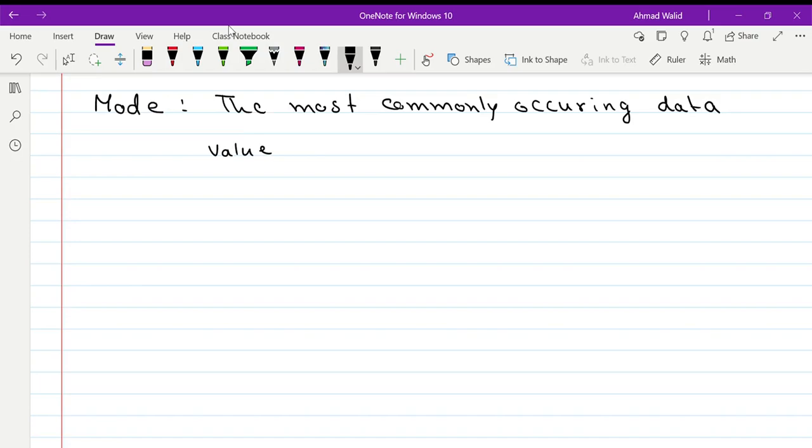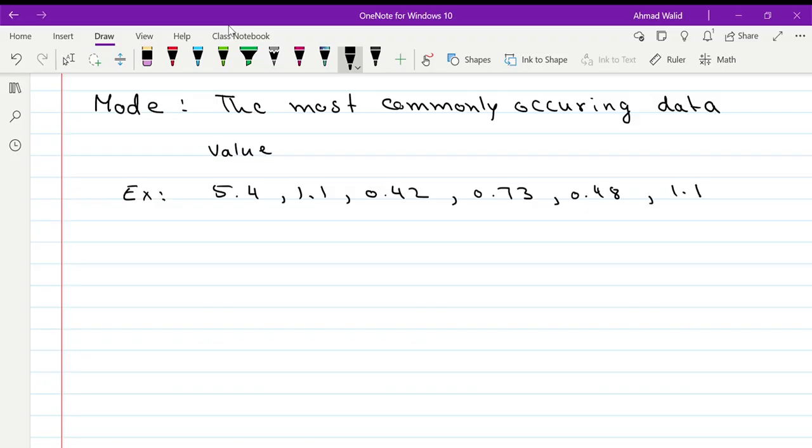Example number 1. How to find the most occurring value in a data set. For example, 5.4, 1.1, 0.42, 0.73, let's say 0.48, and 1.1.